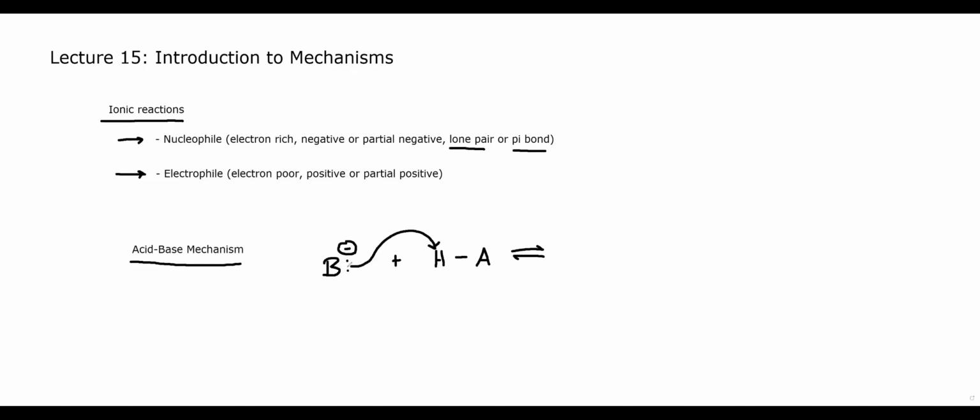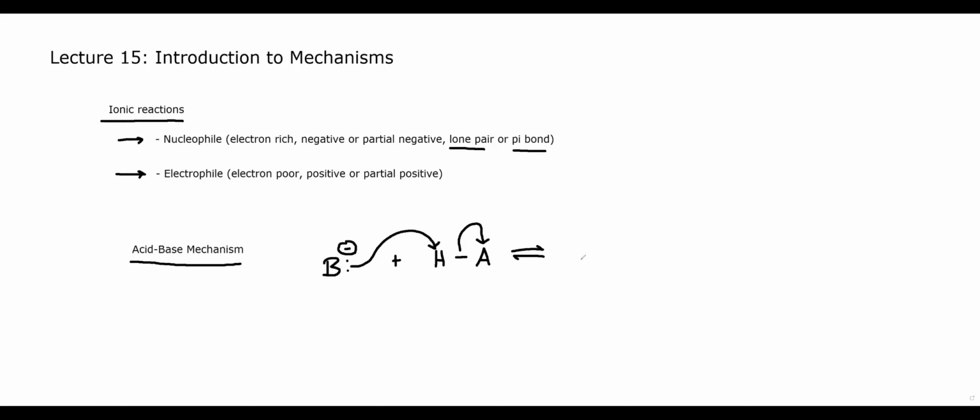These two electrons on the nucleophile attack that electron-poor hydrogen, okay? And when that happens, remember, these two electrons are left over on the acid, okay? The two electrons in the HA bond are left over, so the base comes and takes the hydrogen. It takes only the hydrogen, not the electrons that are bonded to it.